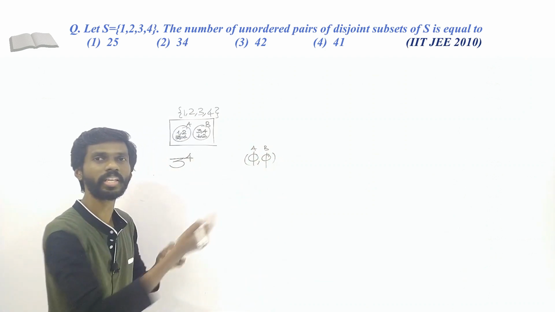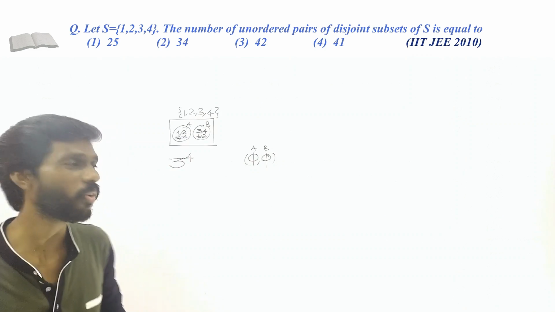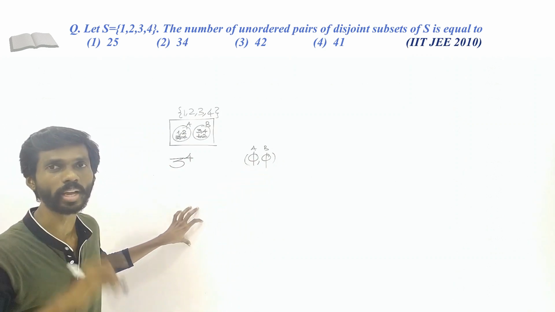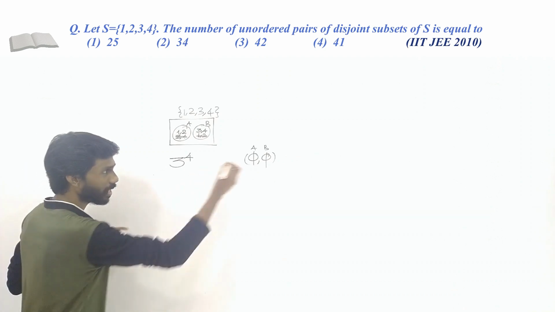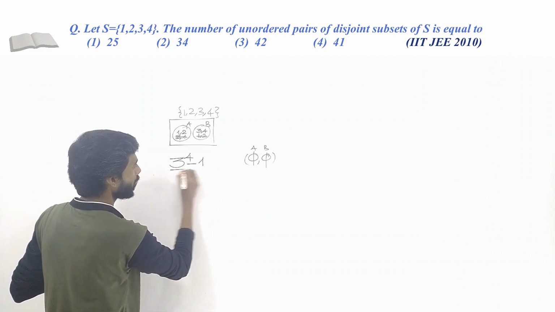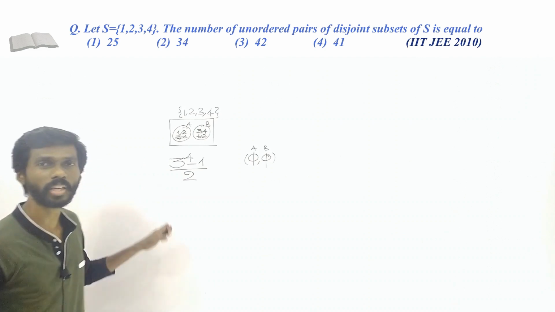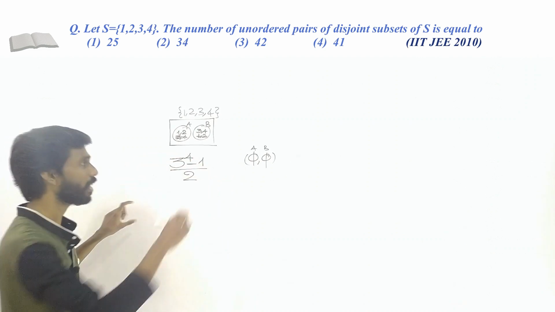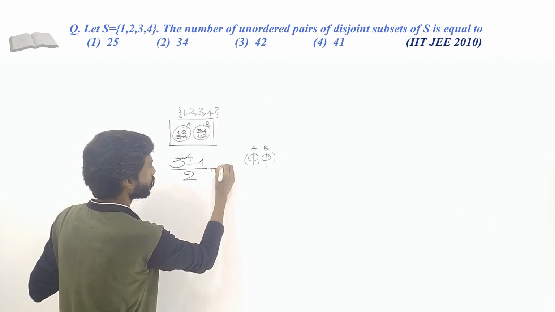Even if you interchange, you will get the same value. So except this combination, all other combinations appear 2 times. So you subtract this one particular case and make it into half, because except this, all other combinations appear 2 times. And finally, add this case also.